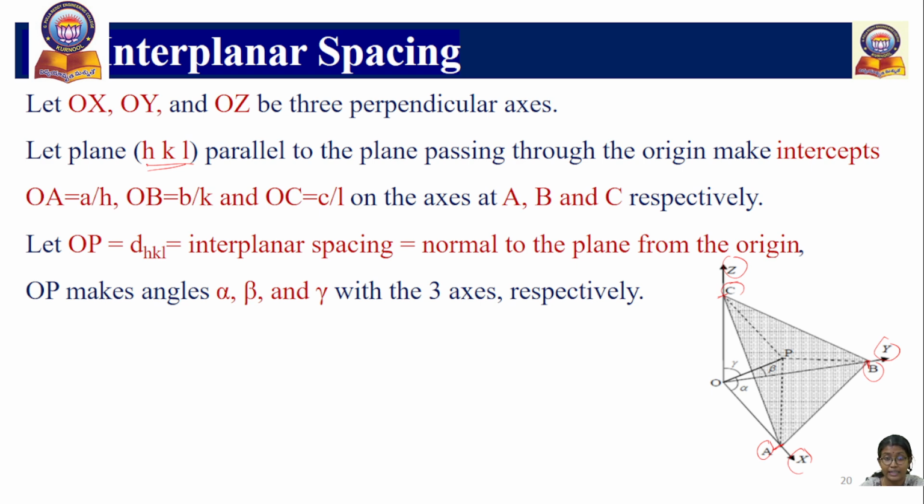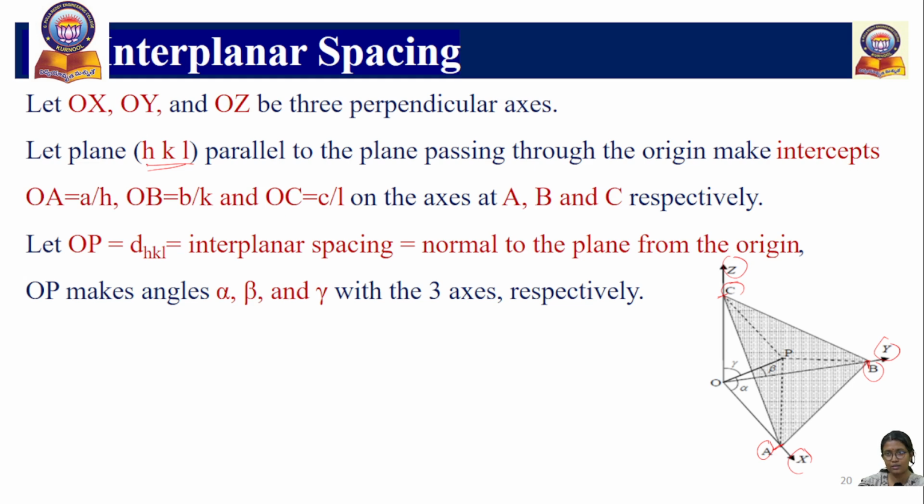Now how to find the intercept of this plane? Many of you have maybe done back calculation, where you know the answer and you are finding it from the back to solve some problems. Here also the approach is kind of the same. See, Miller indices, how do we find them?